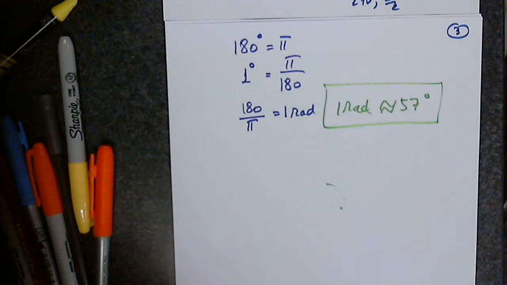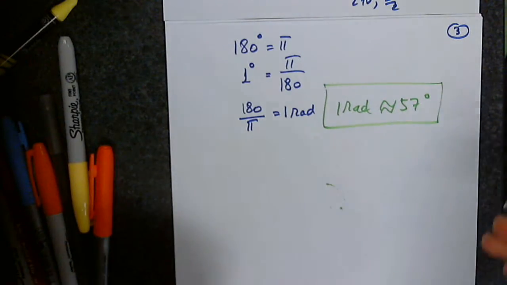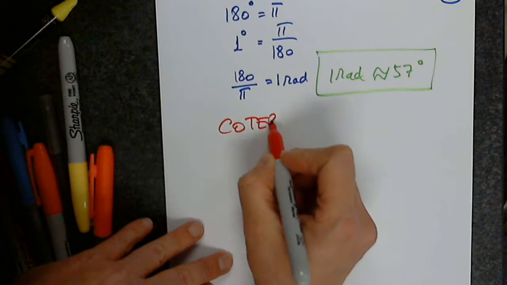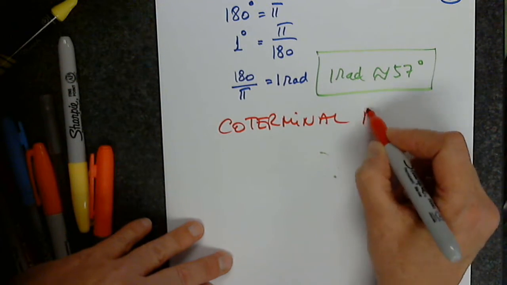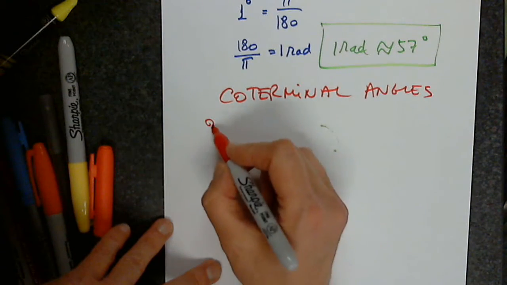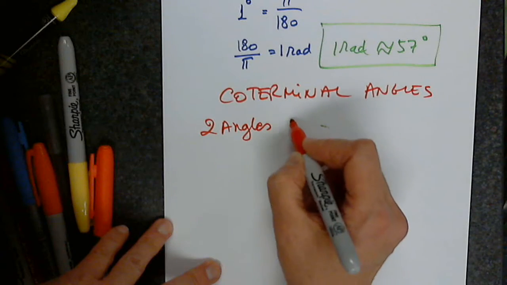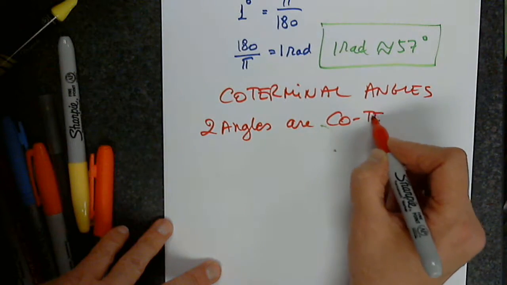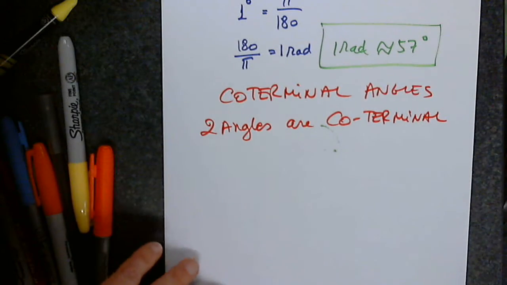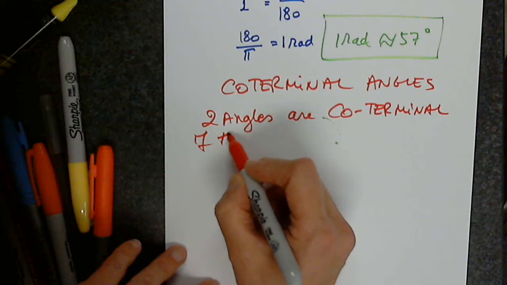Okay. I'd like to work on a couple of problems and also talk about coterminal angles. So let's talk about coterminal angles first. Two angles are coterminal if they have the same initial side and terminal side.